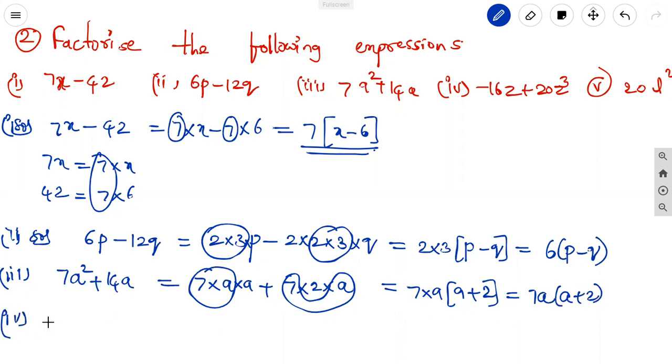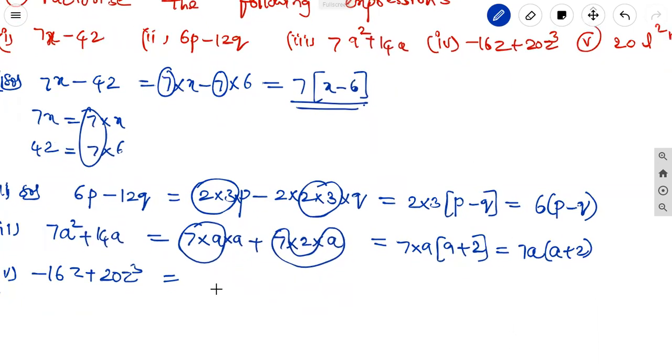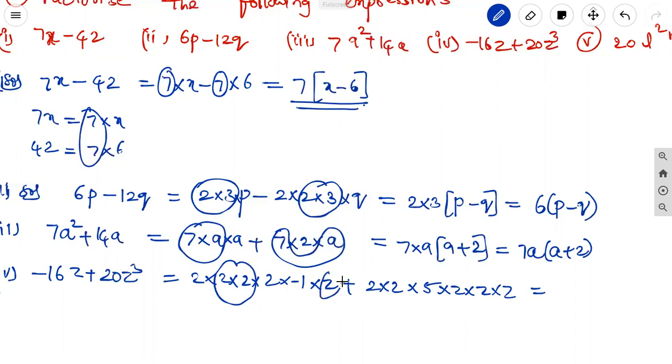Fourth one, minus 16z plus 20z cube. 16 means 2 written 4 times, 20 means 4 5s are 20. 2 into 2 into 2 into 2, taking minus 1 into z. 20 means 2 into 2, 4 into 5, 20, z 3 times. What are the common terms? 2 into 2 and z.